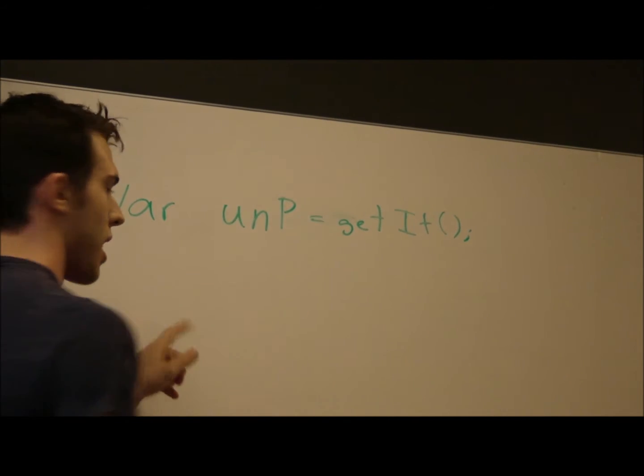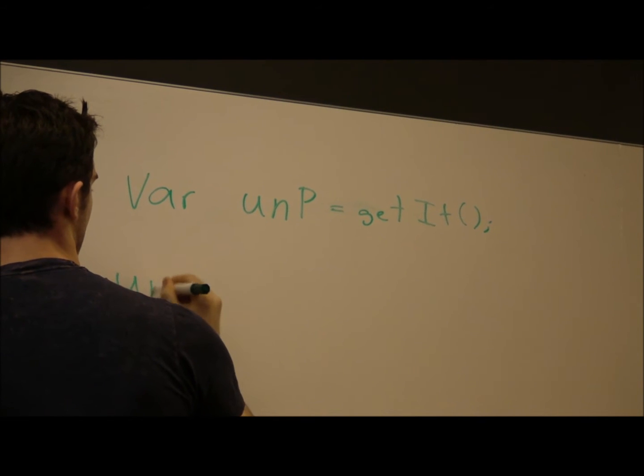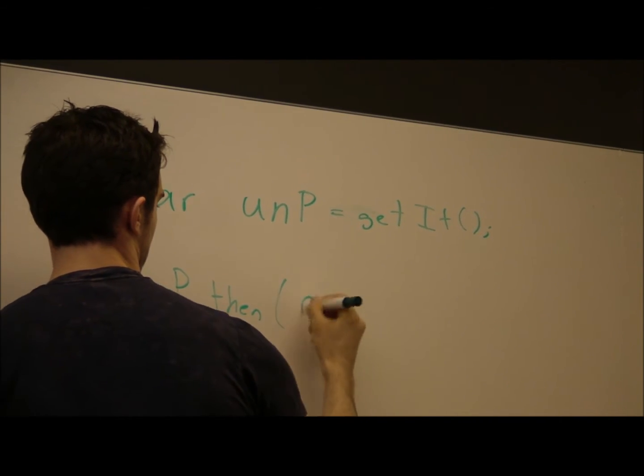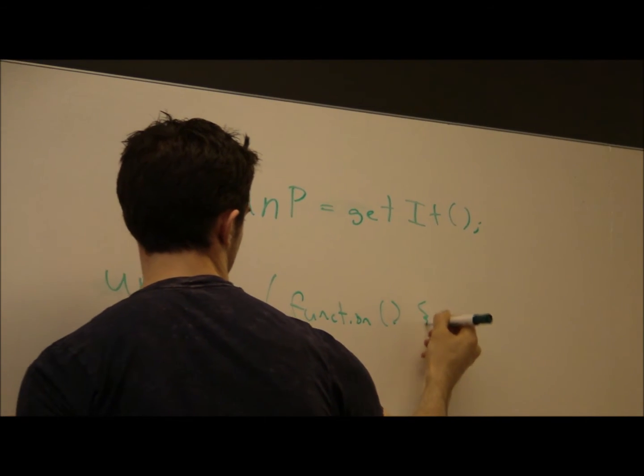So to access that and put it in the DOM, for example, you're going to do unp.then function(username). JavaScript is verbose.